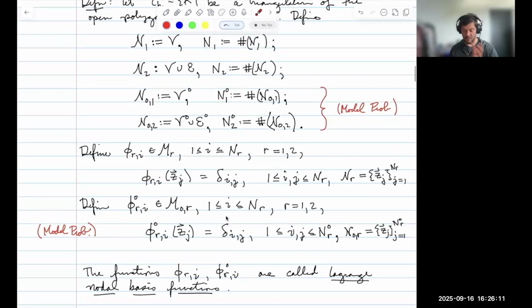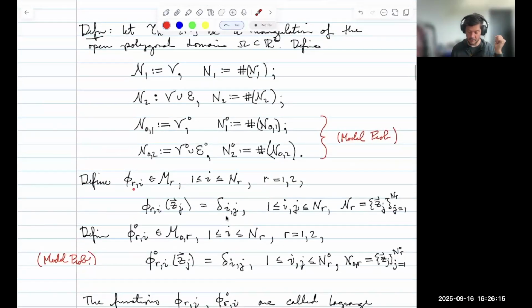They can't simultaneously be equal to 1 and 2, so take r being 1 or 2. The reason I'm saying 1 or 2 is because my definition here is not going to work for r equals 3 or 4 or 5. I need more information about the mesh than what I've extracted.